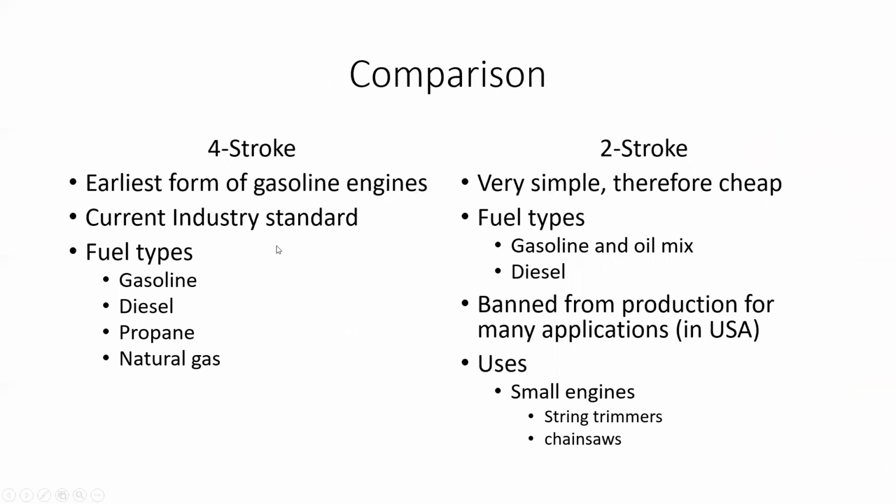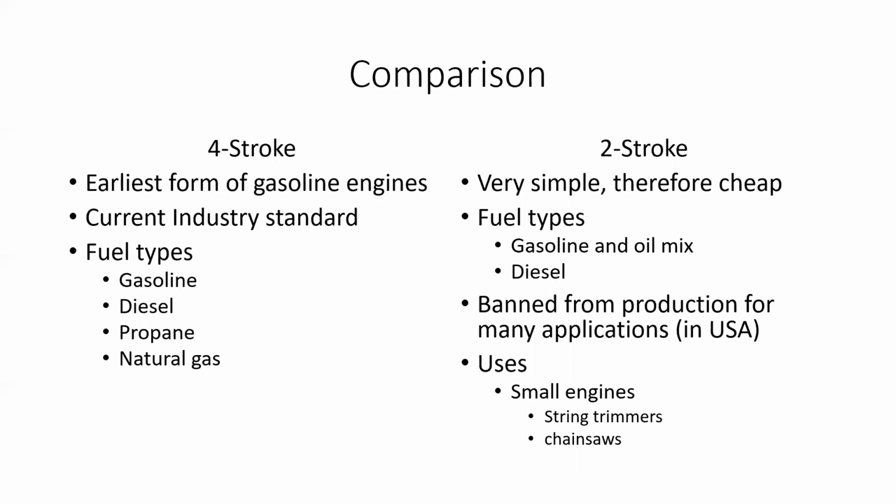Currently the industry standard is four-stroke, and four-stroke engines run the gamut of different fuel types. Gasoline, diesel, propane, natural gas, any of those fuel types run in four-stroke engines, or just different types of engines that can run those fuels.